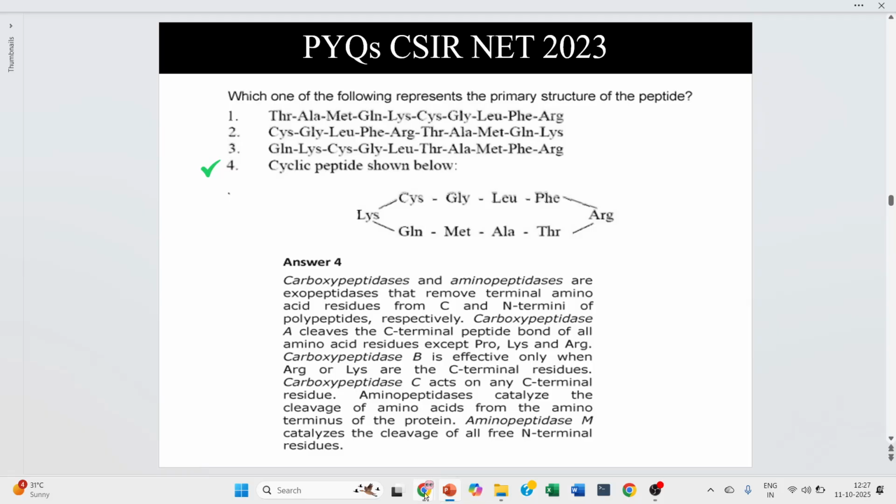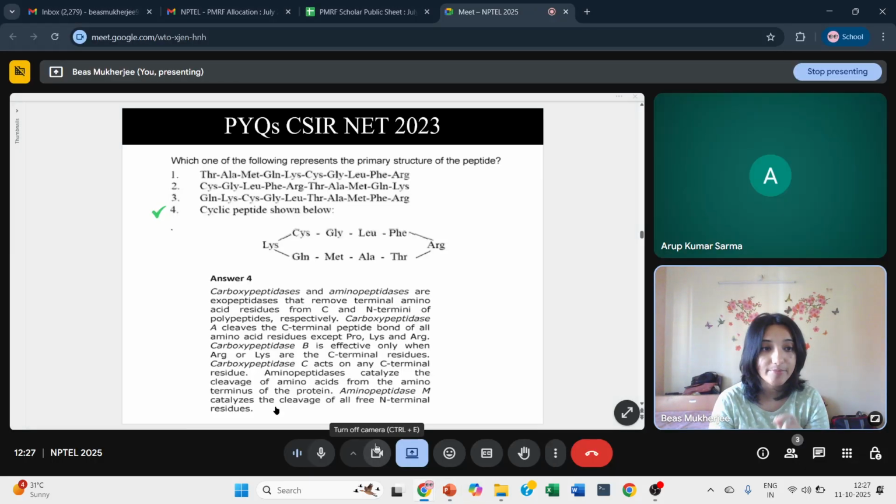The answer is 4, the cyclic peptide. The explanation to this has also been taken from this particular paper, so that you can understand how to approach and solve the questions. Carboxypeptidases and aminopeptidases are exopeptidases that remove terminal amino acid residues from the C and N termini of polypeptides respectively.